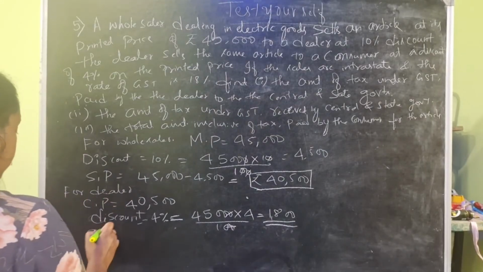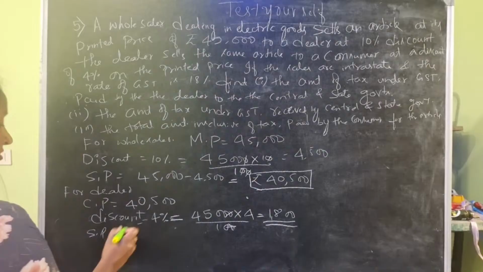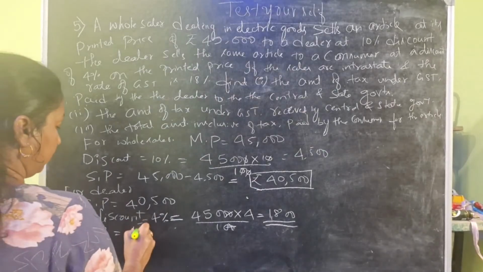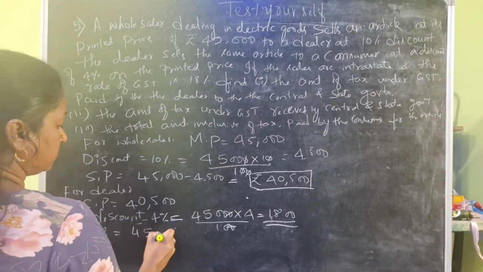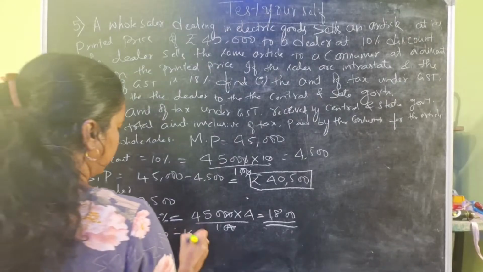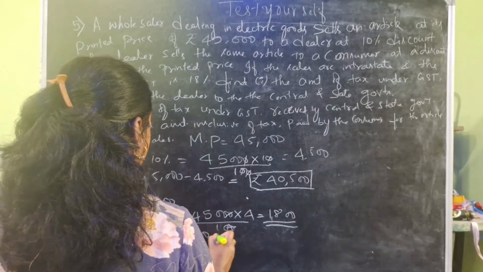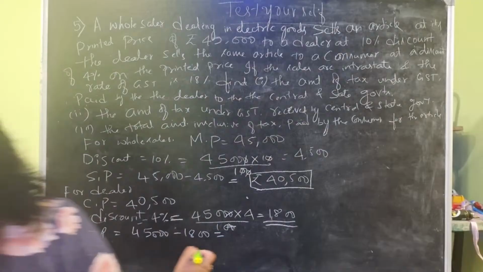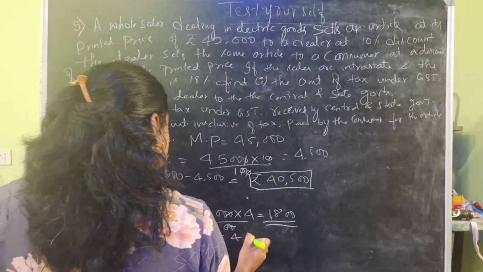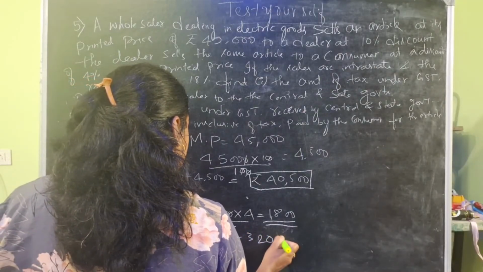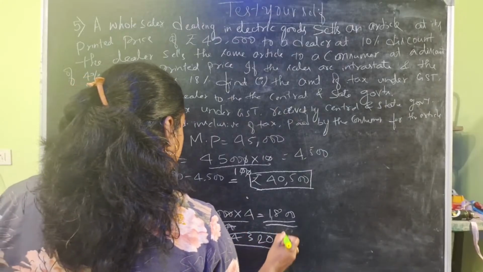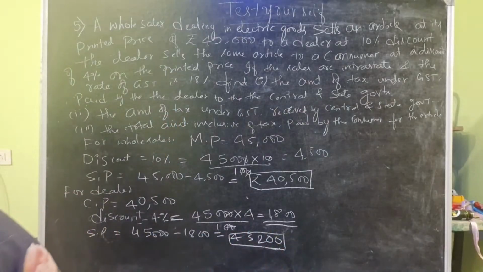So the selling price for the dealer is 45,000 minus 1,800, which is equal to 43,200. So this is the selling price for the dealer.